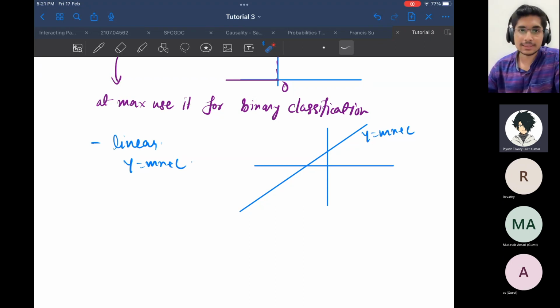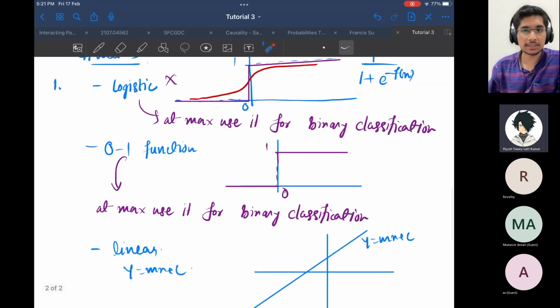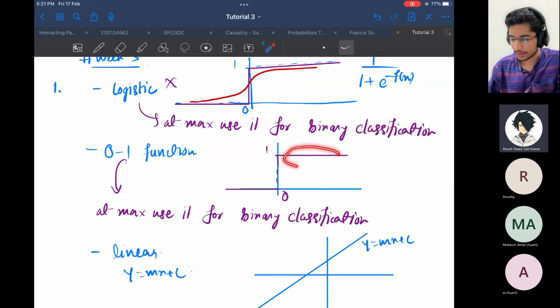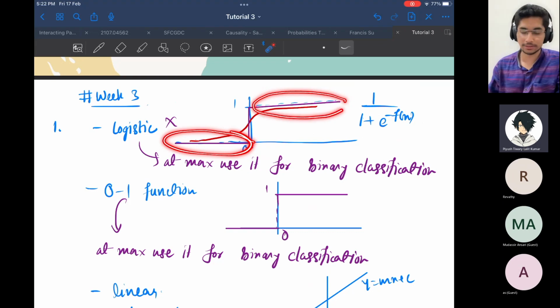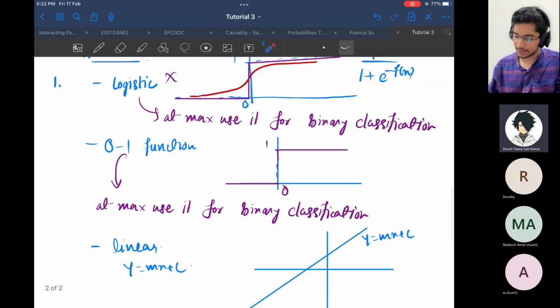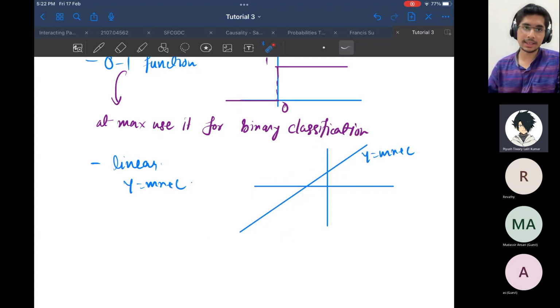So in that sense, linear functions are not useful for a classification problem. Another way to say it is that I don't have any discreteness here. I need some sort of discretization. Here 0 was one discretized part, 1 was another discretized part. If I threshold the logistic function, I can get 0 as one discretization, 1 as another. Whereas here I have a straight line and I don't know how to discretize it. Unless I discretize my output, I can't use it for a classification problem.